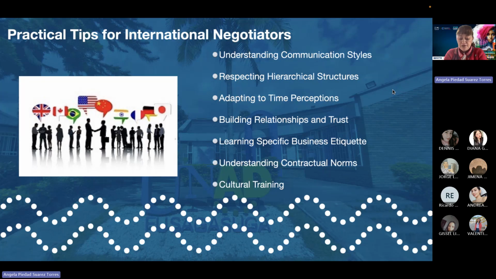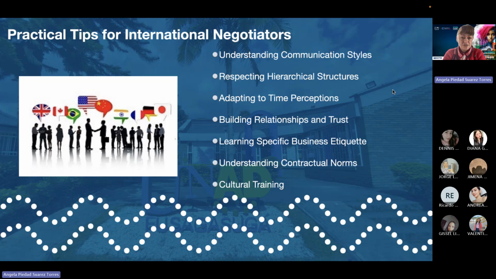And cultural training. Organizations often conduct cultural training sessions covering business etiquette, communication styles, negotiation tactics, and hierarchy to prepare negotiators for specific markets. This training helps employees avoid stereotypes and better understand the rationale behind cultural behaviors.